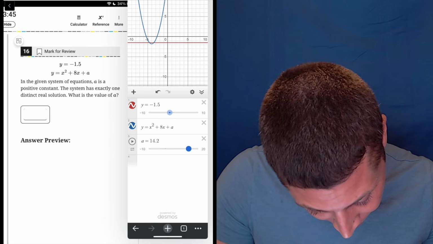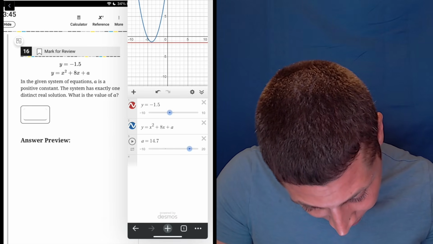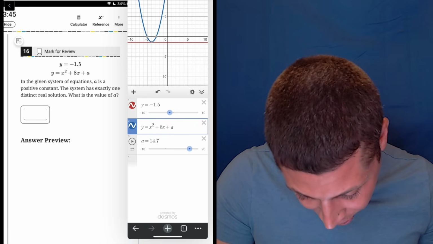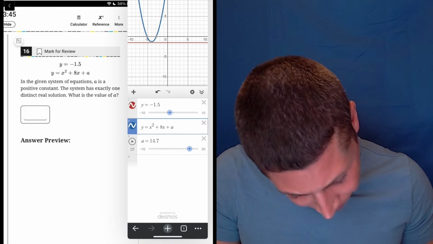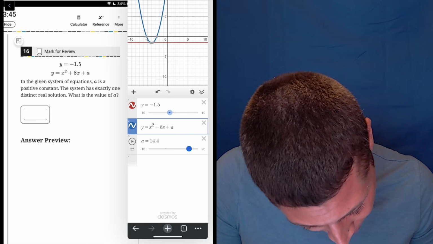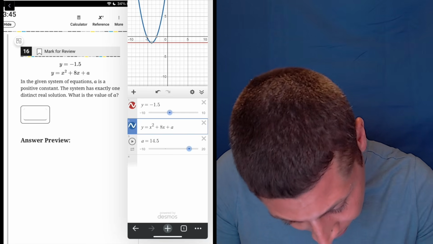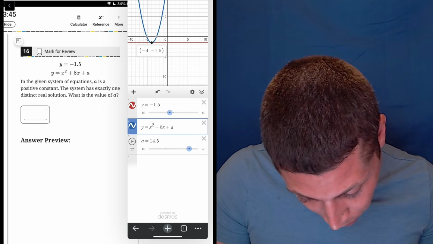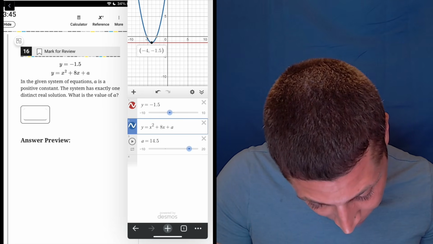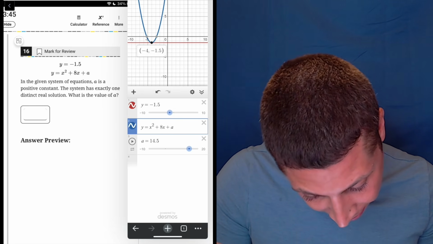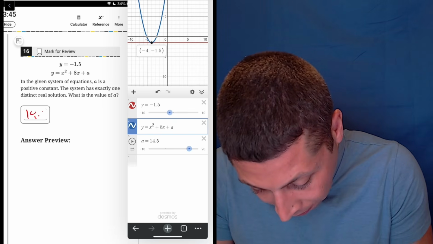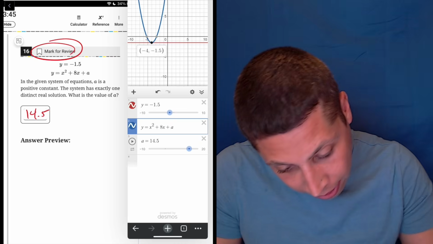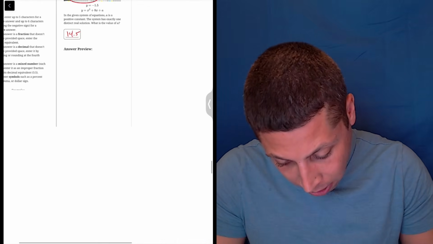Nope. 14 something. Oh, gosh. Maybe this isn't going to work. Is 14.5 going to work? I'm kind of guessing and checking here. Yeah, 14.5. That is exactly one solution. So what is the real value of a? A is 14.5. I've got to come back to that. But yeah, I think I got it with the calculator. Okay, moving on.